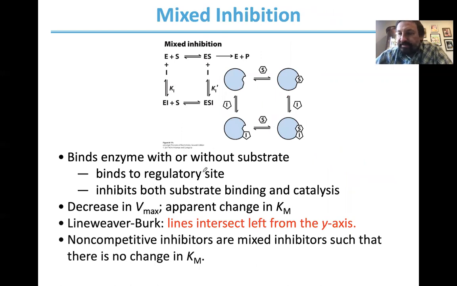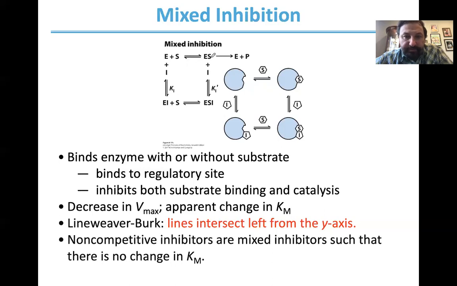And finally, there is a situation where both types of inhibition occur. It's known as mixed inhibition. So enzyme and substrate can bind with the inhibitor to form an enzyme-inhibitor complex and prevent substrate from binding, right?